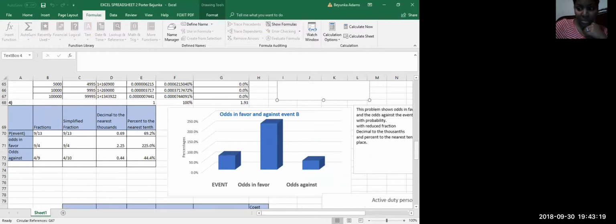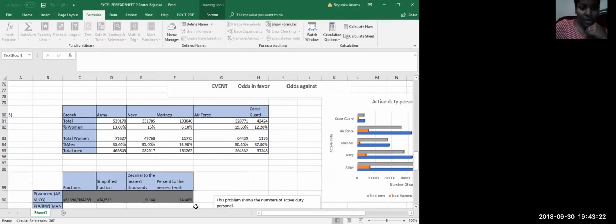Alrighty, so let's move on to number 5, which was about creating a chart and finding the percentage or the probability that an individual on active duty was a woman, given that she was either in the Air Force, Marines, or the Coast Guard.